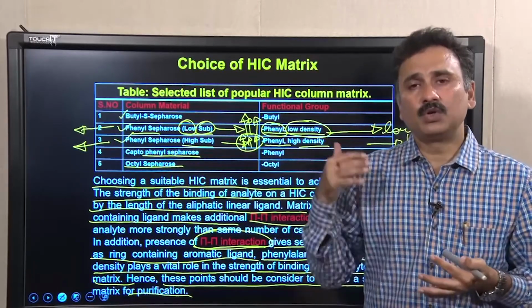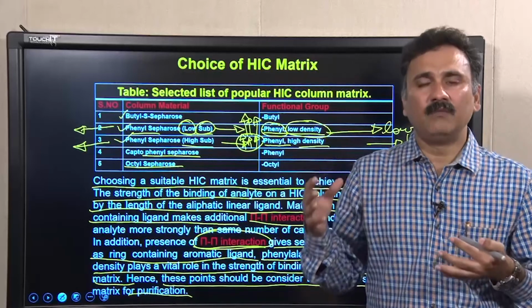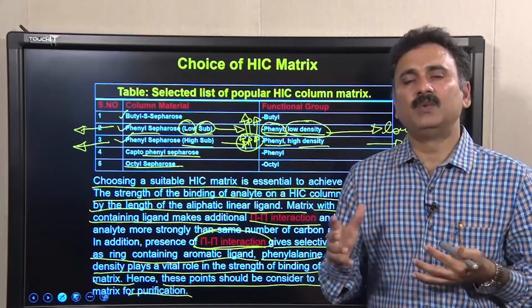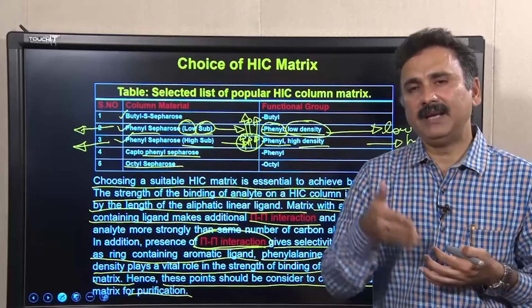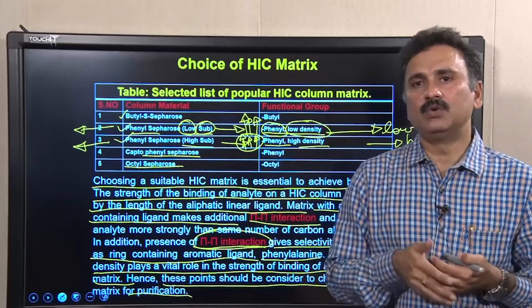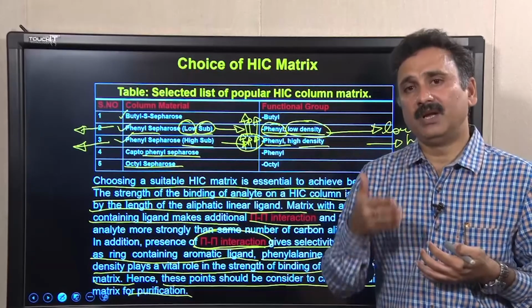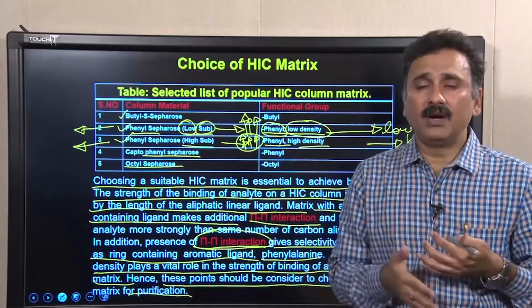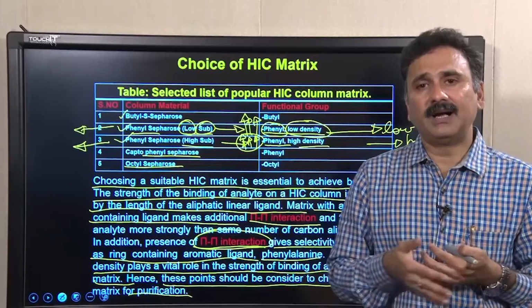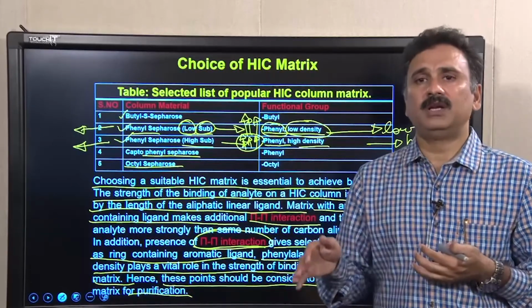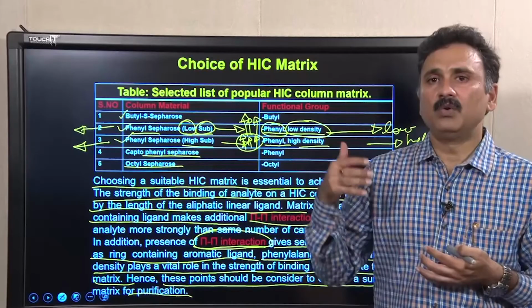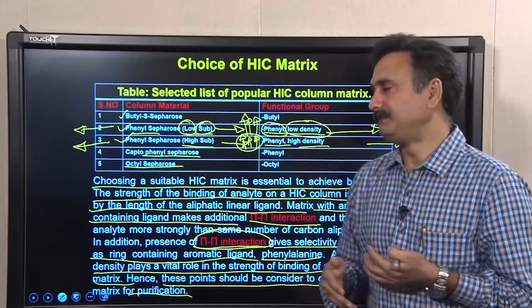So, you cannot choose a matrix which is very densely packed with the group, otherwise it is going to bind the protein, and then this binding is going to be irreversible, or it will not get eluted even if you reduce the salt concentration, and in those conditions you will not be able to recover the protein from the column.